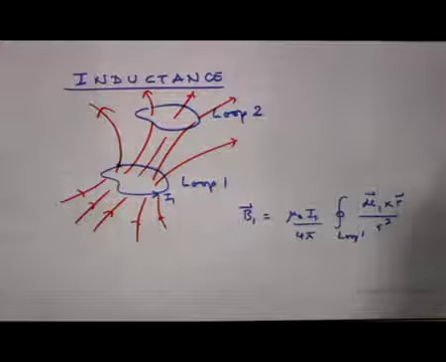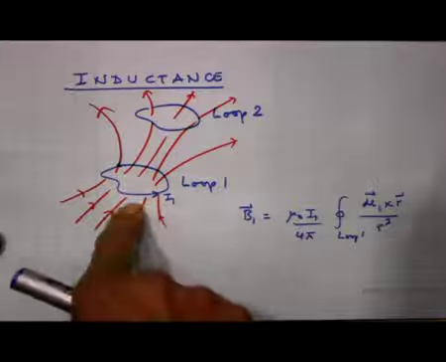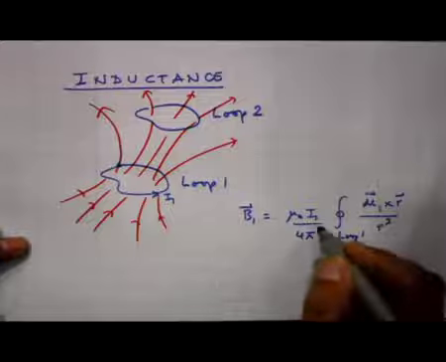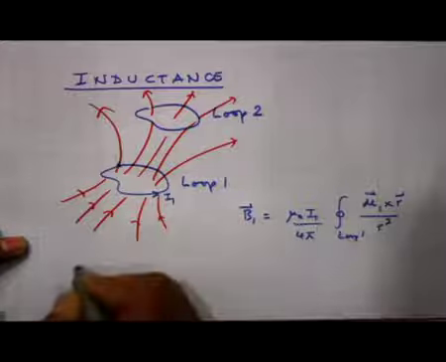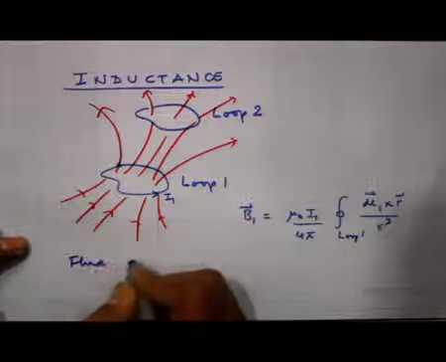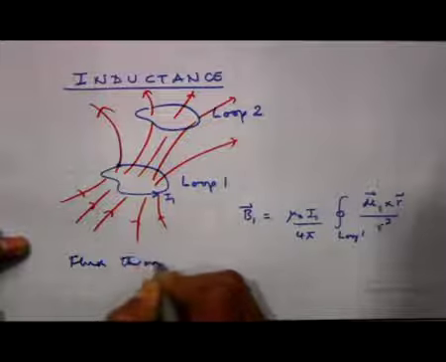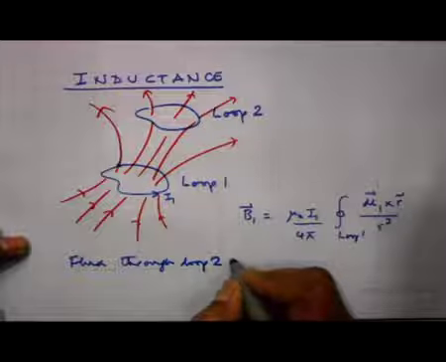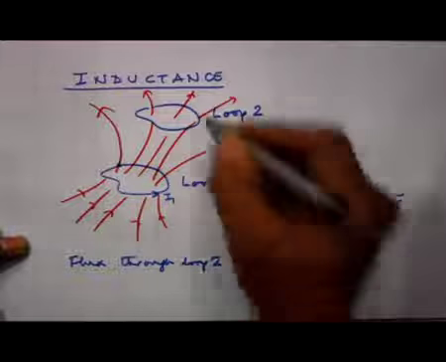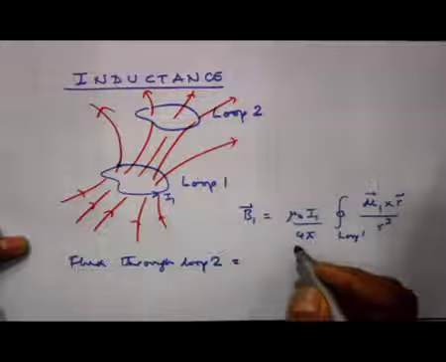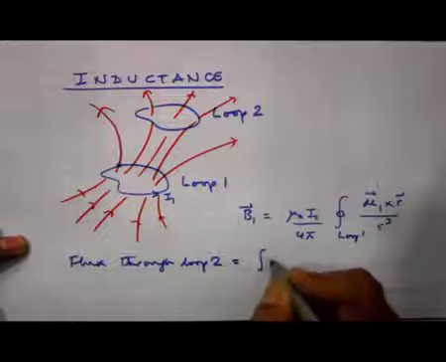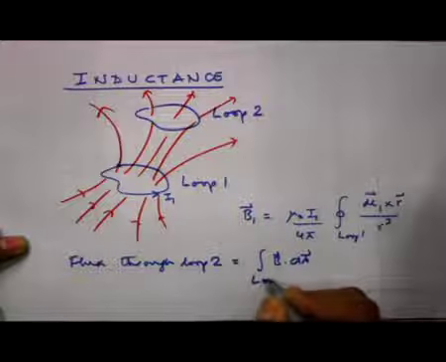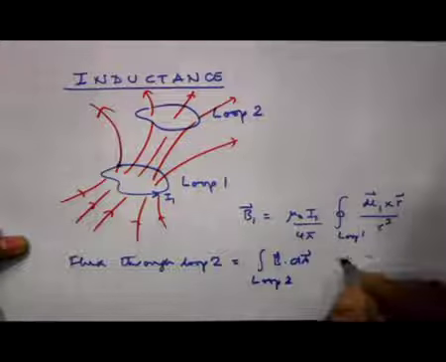So, the magnetic field produced by loop 1 is given by this and is proportional to I 1, and so the flux through loop 2, which is equal to the integral of B dot d A over loop 2, will be proportional to I 1.